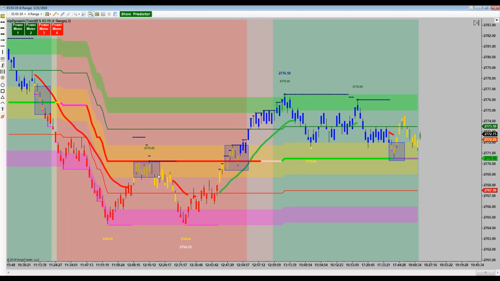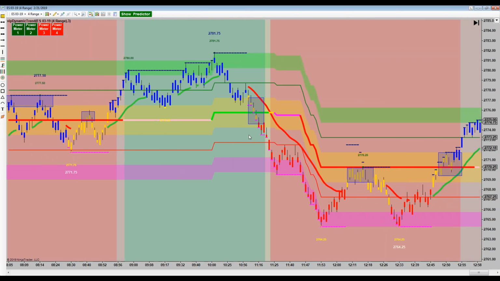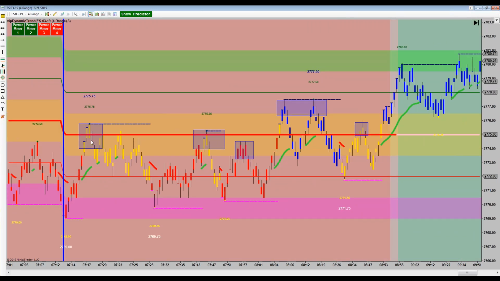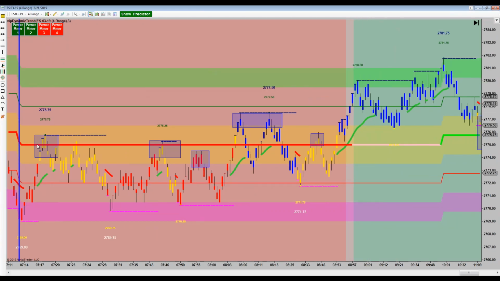1, 2, 3, 4, 5, no, 6, 7, 8. Okay, 8 mid-band boxes, trade setups. They didn't all work out. Most of them worked out. That short worked out.